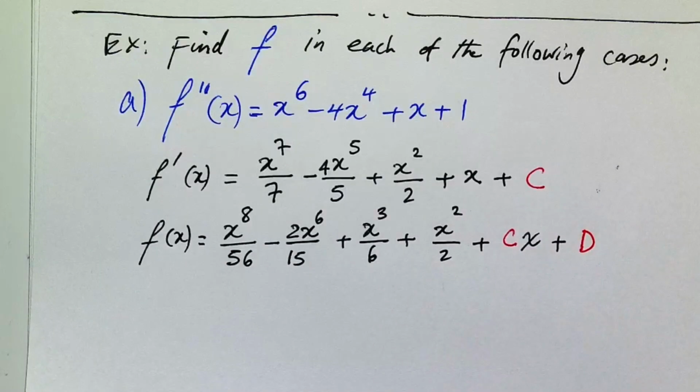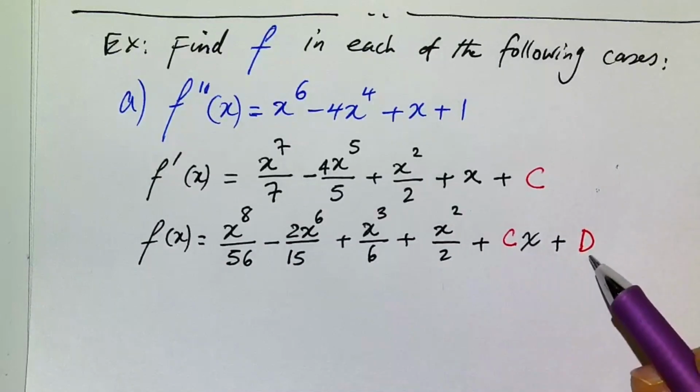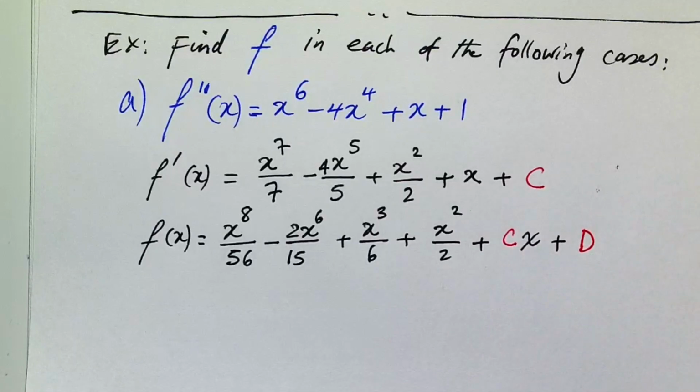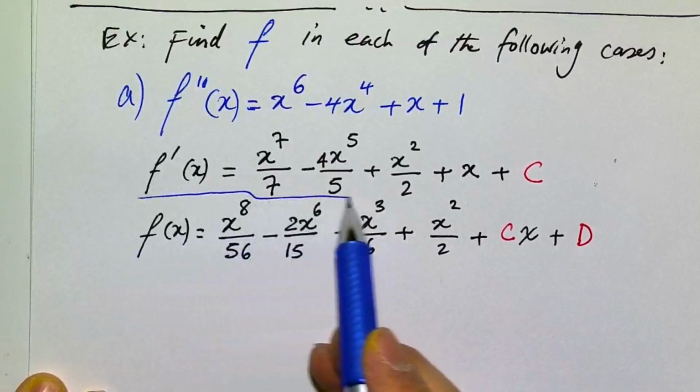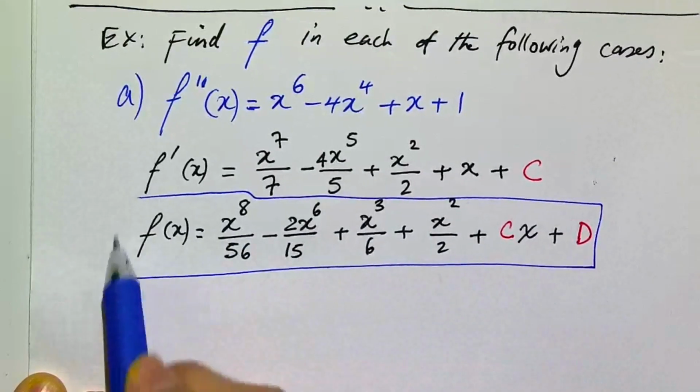Let's call it d. Or you can call this C1, this is C2. However you want to notate it is fine. But the main point is that you have to keep track of the constants as you find the antiderivative. So that's basically the final result for us.